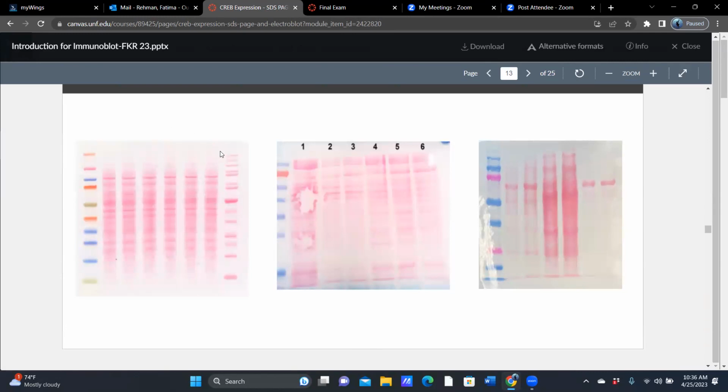What are you looking for? This is a good blot. It has proteins at the same level of intensity from top to bottom, meaning the transfer was perfectly done all the way from top to bottom. There are no bubbles, so the whole gel and membrane were really nicely in contact with each other.